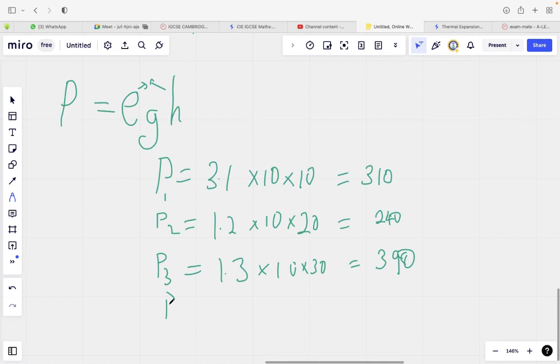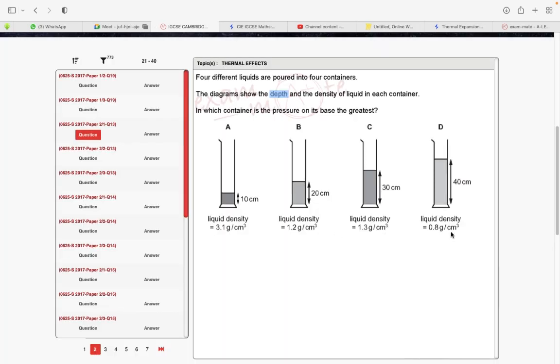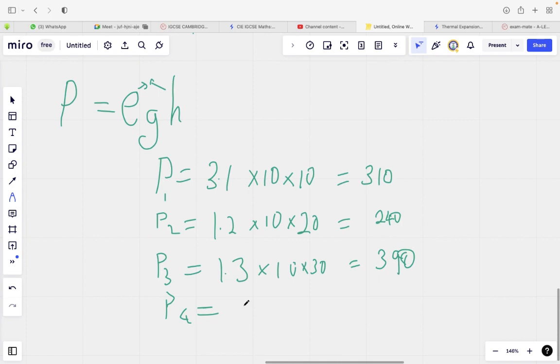Now P4, the last one. We have 0.8 times 10 times 40. 0.8 times 10 is 8, 8 times 4 is 32, so we have 320.